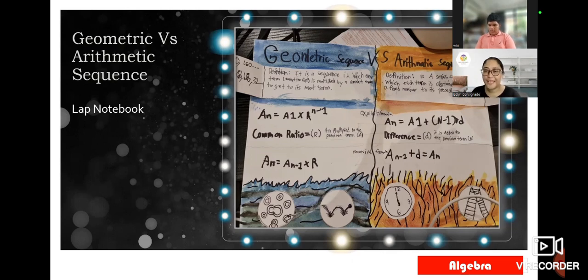Okay, thank you. The operation that was used on the geometric is multiplication, and here in arithmetic is addition, no. And also the number is usually bigger in the geometric sequence, no. Yes.